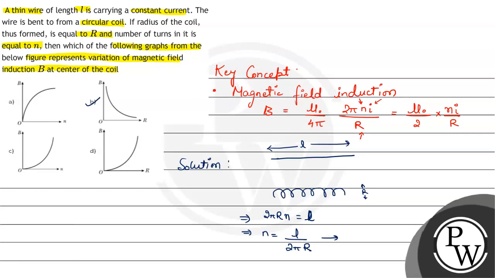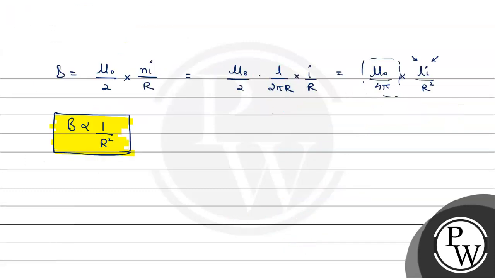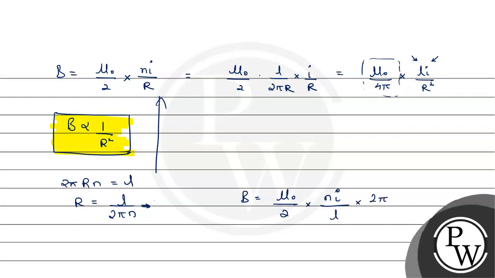Now we have to check the relation of B with N. So from here we can find the value of R in terms of N. From 2 pi RN is equal to L, R is equal to L upon 2 pi N. Putting this value in the equation, we have B is equal to mu naught upon 2 into Ni upon R, where R is L over 2 pi N. So from here we get B is equal to mu naught pi I over L into N square.